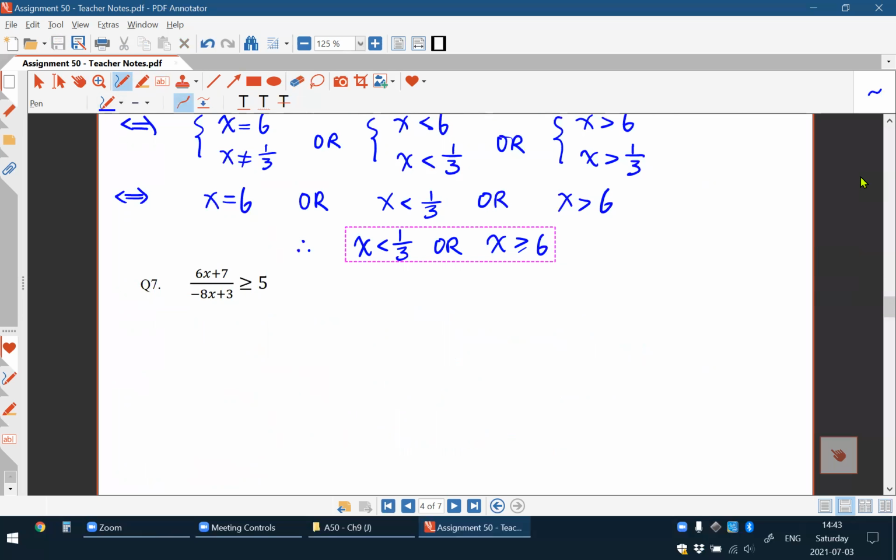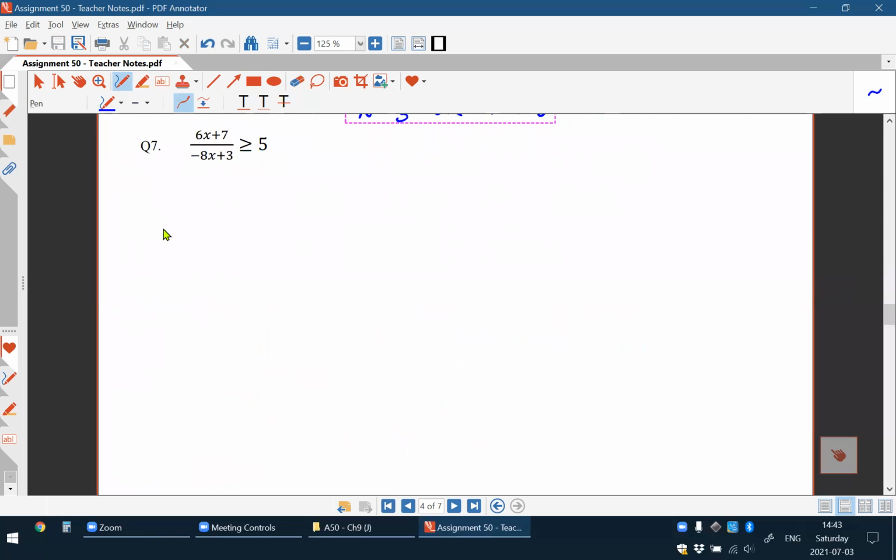No? Okay, let's see question 7. Okay, again, first of all, let's put everything on the left-hand side and rewrite this expression using a common denominator.